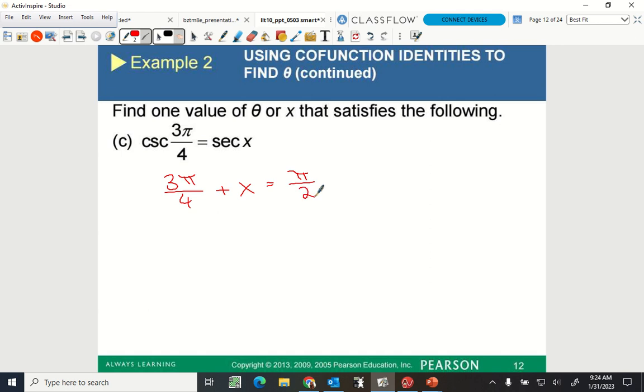Now, fractions are your friends. They really are. There's certain things that you should be able to do at this current moment in your mathematical career. To be able to add and subtract fractions, I have to have a common denominator. So, what would be the common denominator between the 4 and the 2? 4.